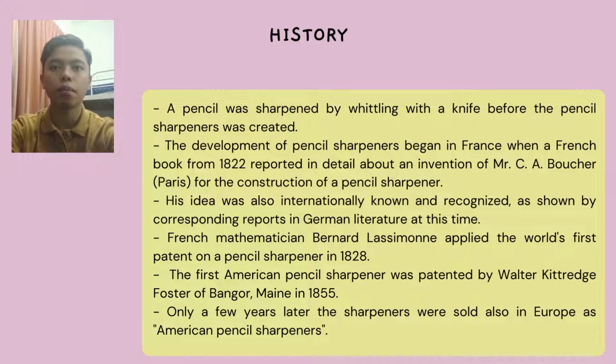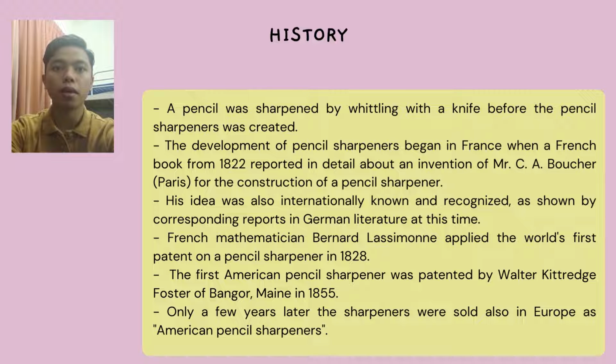So for the history, a pencil was sharpened by whittling with a knife before the pencil sharpener was created. The development of the pencil sharpener began in France when a French book from 1822 reported in detail about an invention of Mr. C.A. Boucher for a construction of a pencil sharpener. His idea was also internationally known and recognized, as shown by corresponding reports in German literature at this time.